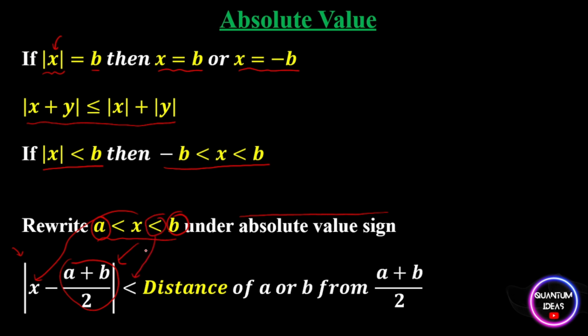If it was less than or equal to, you can place less than or equal to also, less than the distance of a or b from (a plus b) by 2. So then you have to find the distance of this point a from (a plus b) by 2.